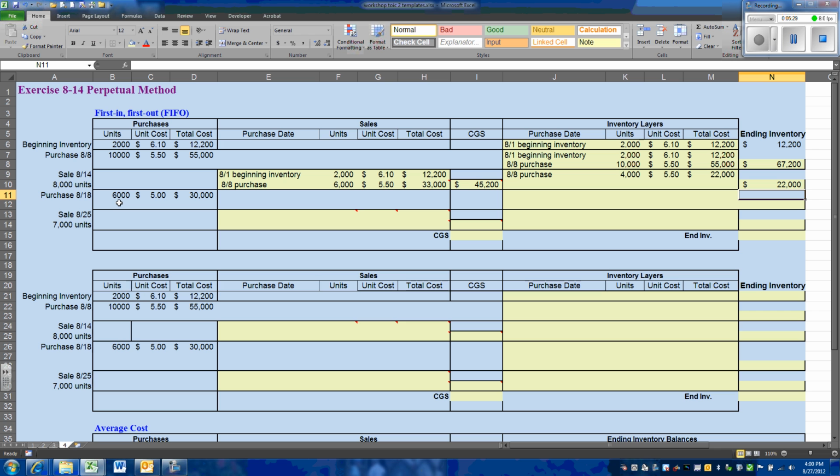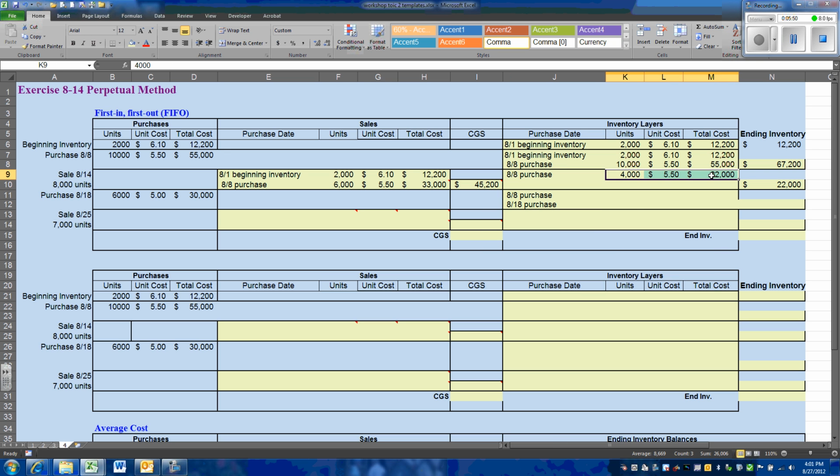Our next inventory transaction is the purchase on August 18th. So we have our August 8th purchase and our August 18th purchase in our new inventory layers.